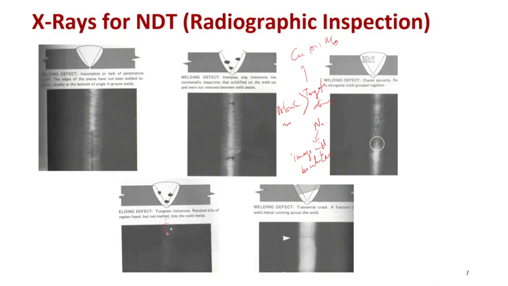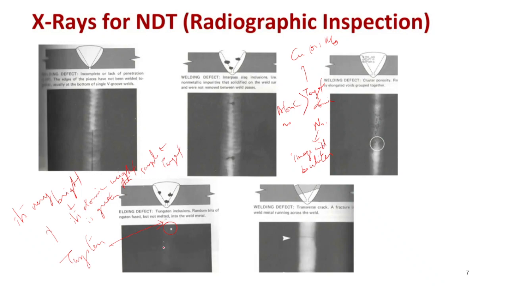Since the material deposited here is tungsten, it's very bright because its atomic weight is greater than this particular sample and target.